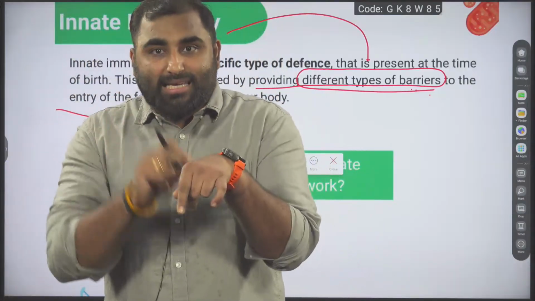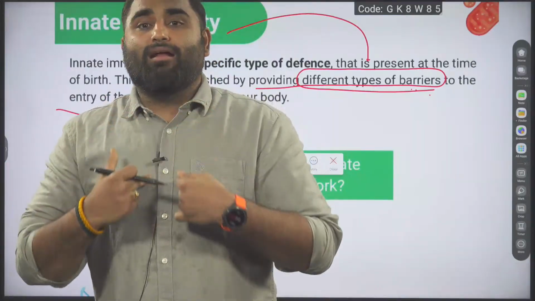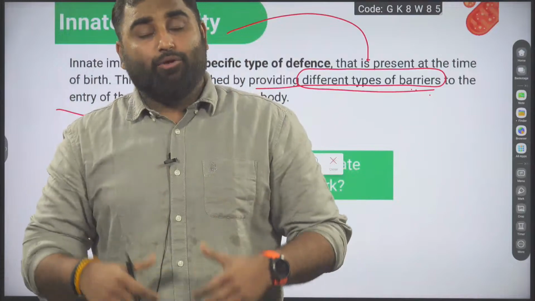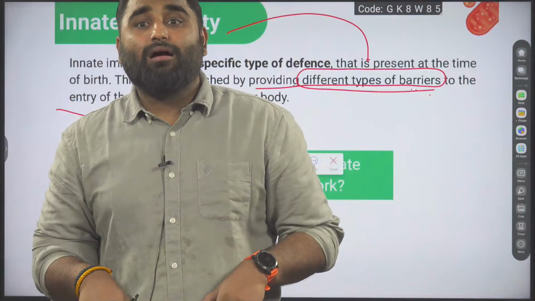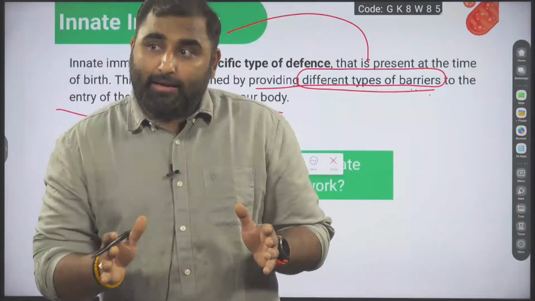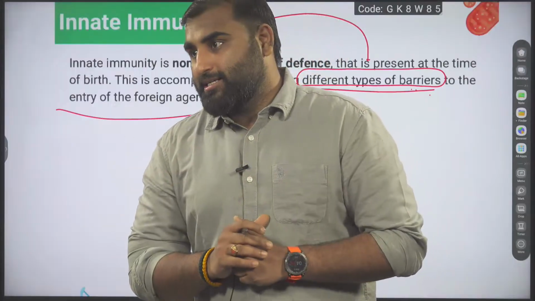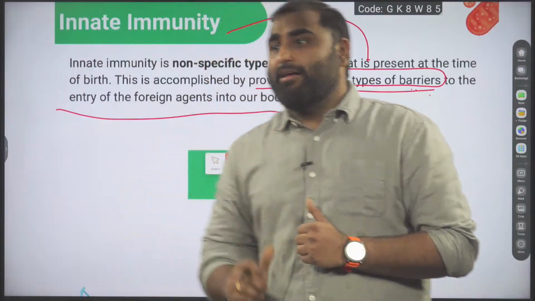So outside skin, and the internal lining of your gastrointestinal tract, urinary tract, and reproductive tract is lined by mucous membrane. They are preventing entry of foreign bodies.